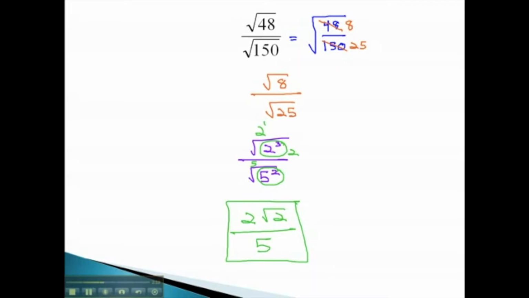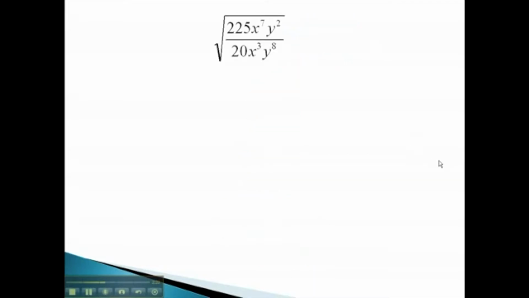Let's take a look at another expression where we simplify the fraction under the radical, and then simplify the radicals themselves. In this problem, you may notice that 225 and 20 are both divisible by 5. 225 divided by 5 is 45. 20 divided by 5 is 4.